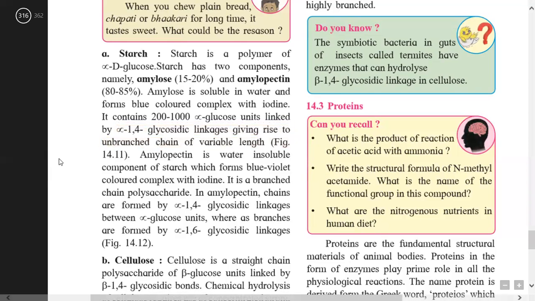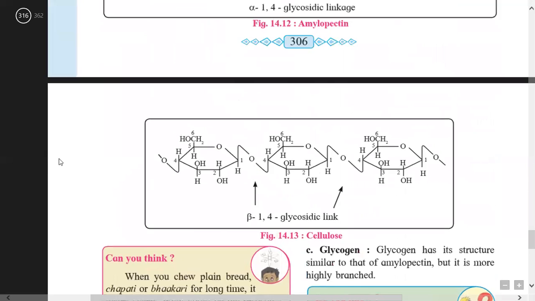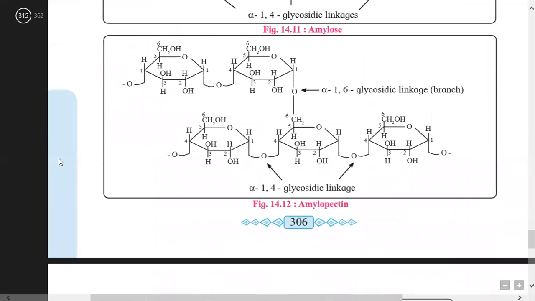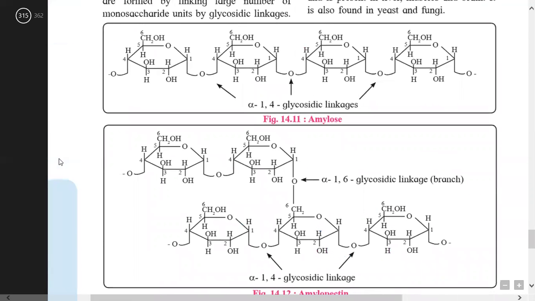First we will study the structure of amylose. This amylose consists of alpha glucose molecules. This is the glucose molecule we know very well. This is carbon number 1, 2, 3, 4, 5, and 6 with this O, so this is a 6-membered ring. Here the first carbon OH is below the ring.